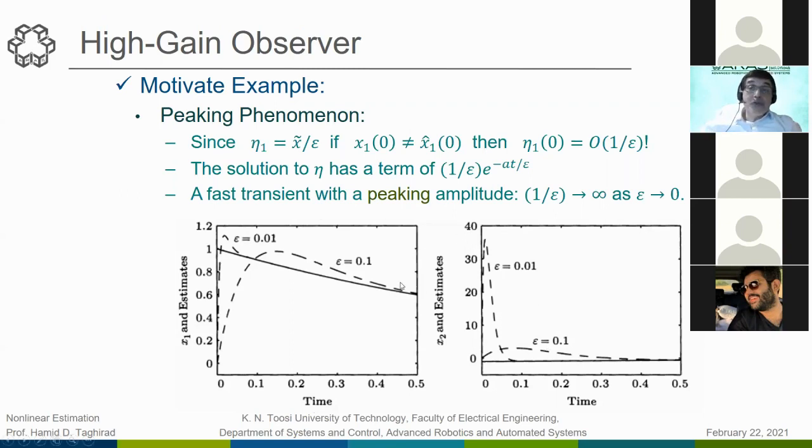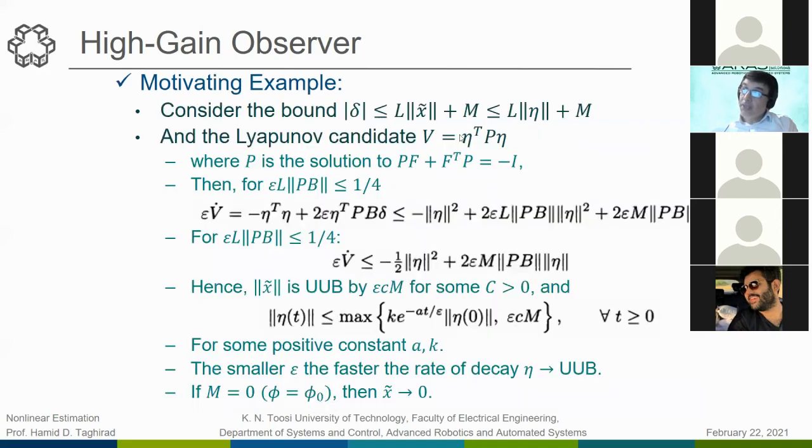So it is not good to wildly increase the gain. You should consider a balance. You should increase the gain as much as possible, and how large we need depends on the uncertainty bound.